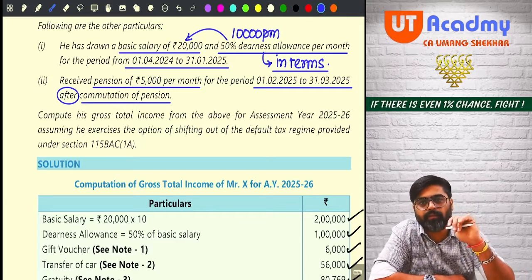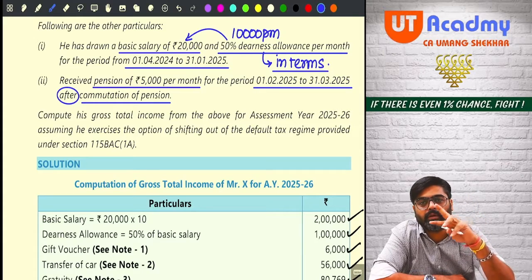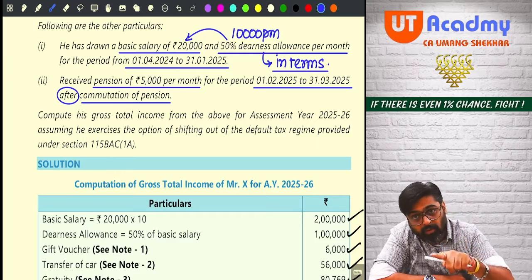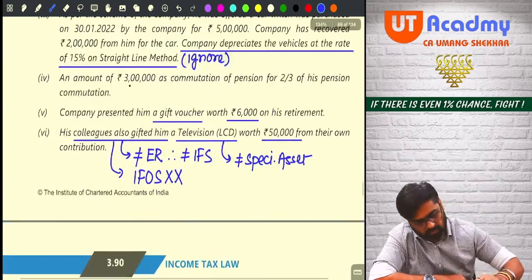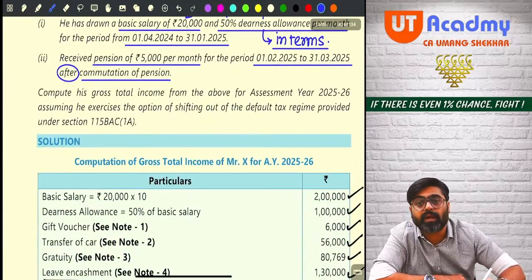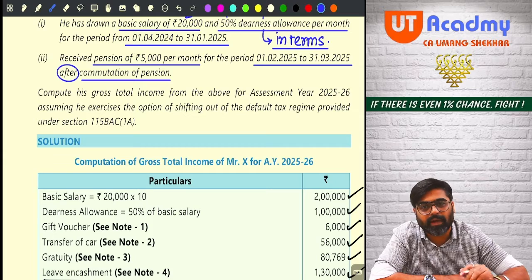And fortunately, you did not receive 15,000 for a single month. The moment you got retired, on 31st January, on 1st February itself you commuted. See, on 1st February only you commuted. And from 1st February you are getting this 5,000, 5,000. Getting my point?